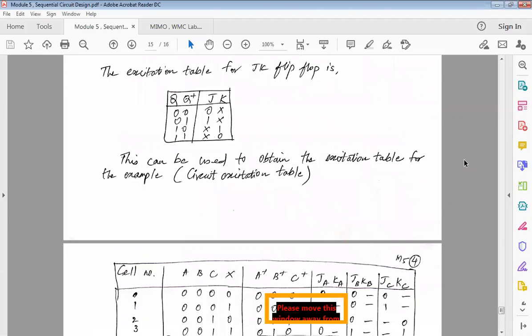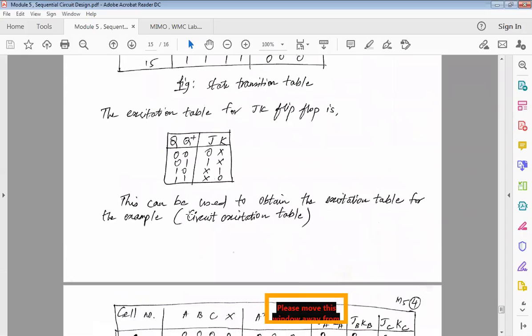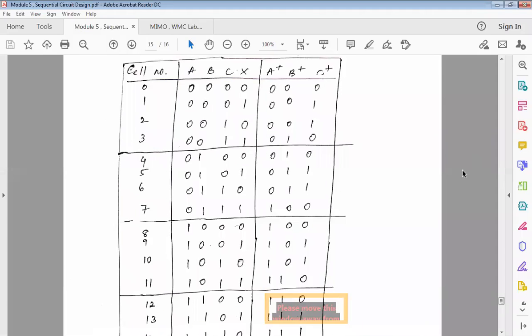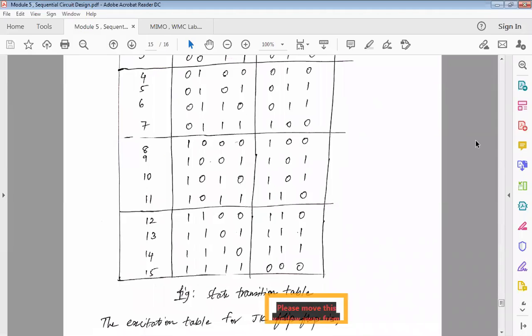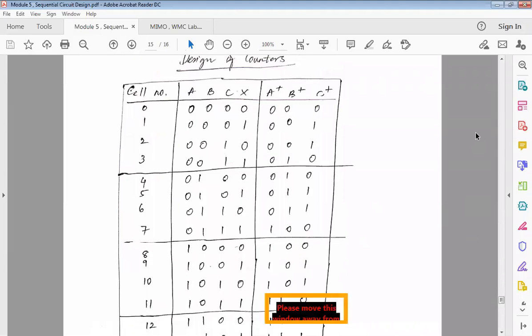So we have this excitation table, and this can be used to obtain the excitation table for the example, which is nothing but your circuit excitation table. What I will do here is have my tabulation, which is my state transition table. When I say state transition table, it will have my present states and my next states.